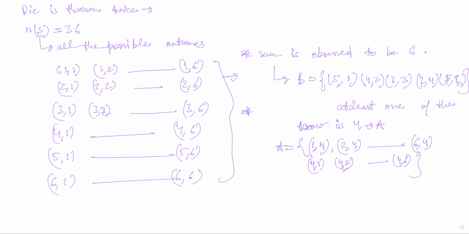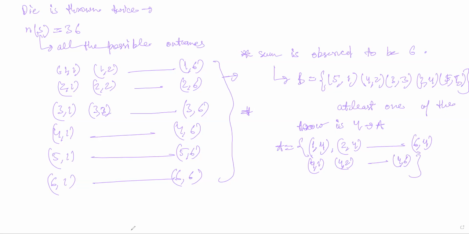One event represents our condition, and the condition was that the sum is observed to be 6. In this case, we got 5 elements. The second event is that at least one of the throws is 4, because that's what we need to find the probability of. And there are a total of 11 elements, right?